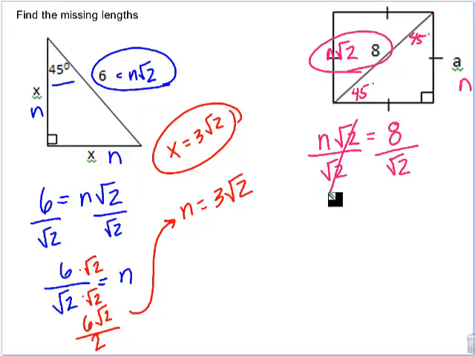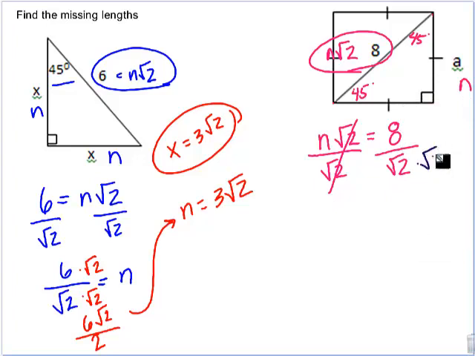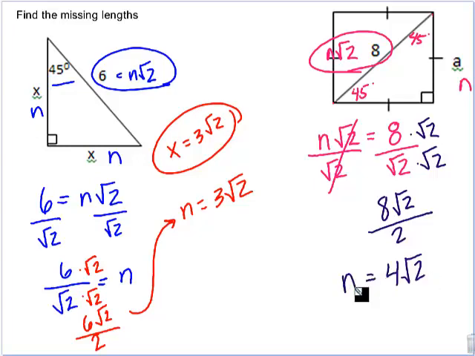I'm going to times this by the square root of 2. So now I have 8 square root of 2 over square root of 2 times square root of 2, which is 2. So this is really 4 square root of 2. So n is 4 square root of 2, which is also our side A. So this is our A.